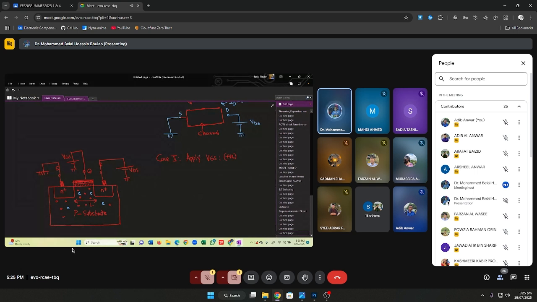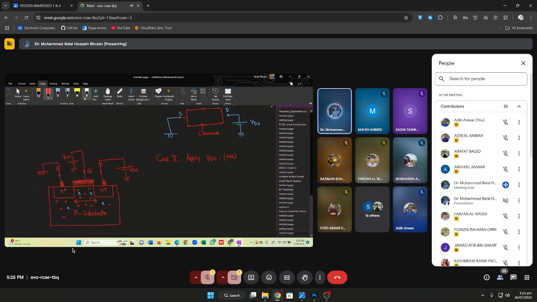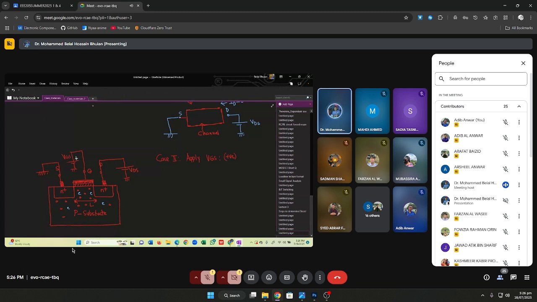Now, if we apply this, then what happens? If you apply VGS, this is our positive terminal, this is our negative terminal. Since the positive terminal is connected to the metal layer, there will be plenty of positive charge distributed all over the metal layer.